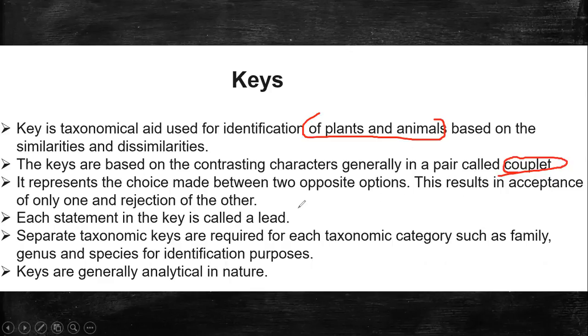It represents a choice made between two options, resulting in the acceptance of only one and rejection of the other. Each statement in a key is known as a lead. Separate taxonomic keys are required for each taxonomic category, such as family, genus, and species. For identification purposes, they are generally analytical in nature. Clear?